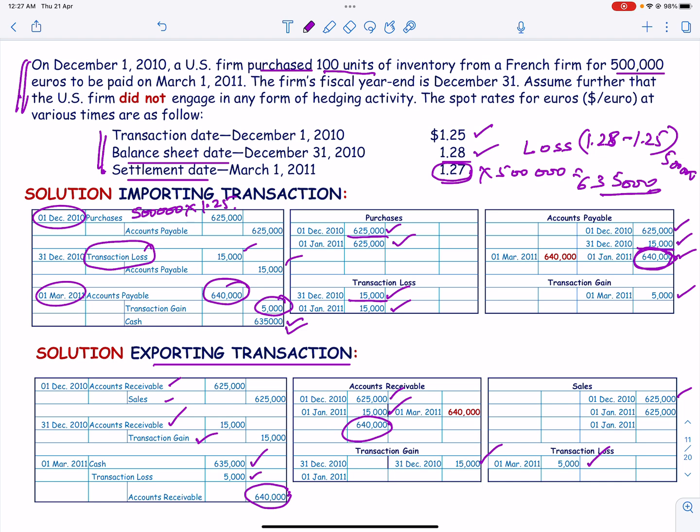If you compare the two, the net effect of this spot rate is that we have a transaction loss of 15,000 and a gain of 5,000. So the company is going to suffer a net loss of 10,000 when the firm is purchasing. The result changes when selling. Here we have a gain of 15,000 and the loss is of 5,000. So the company has gained because of variation in exchange rate.